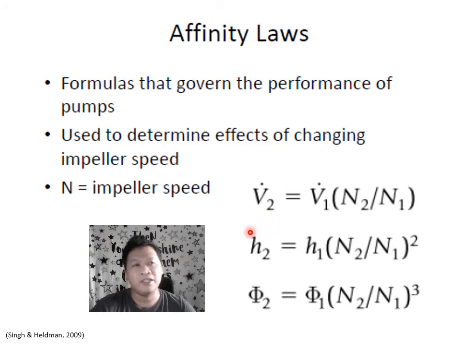Therefore, if I run at 1000 RPM and then run at 2000 RPM, edi doble na agad yung kaya kong output. Tapos, yung kanyang head ng pump, okay, this is not system head, this is pump head, ay exponential yung increase. So, if I double the speed from 1000 to 2000 RPM, I could get 4 times the pump head.